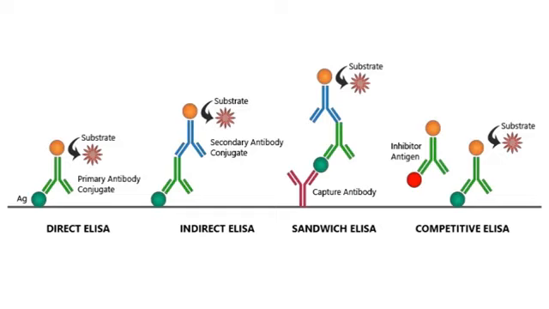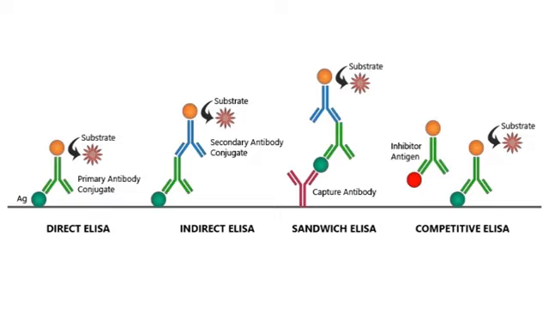While in the sandwich ELISA technique, a captured antibody will be coated on the plate. Then we add the serum or the blood that may contain an antigen that we want to detect. Then we add the primary and the secondary antibody that is enzyme linked, and finally we add the substrate.